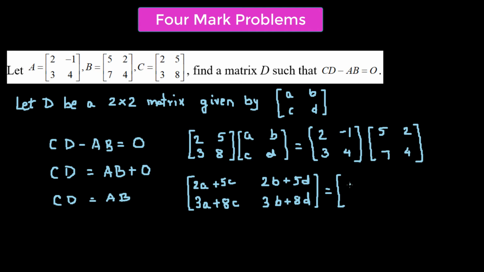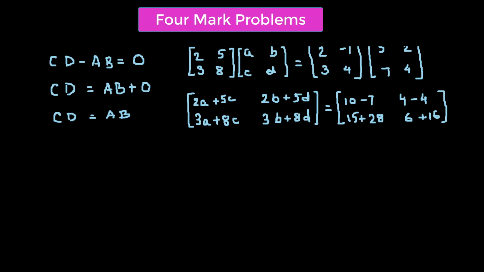So that gives us 2 times 5 is 10, minus 1 times 7 is negative 7. Then we have 2 times 2 is 4, minus negative 4. 3 times 5 is 15, plus 7 times 4 is 28. 3 times 2 is 6, plus 4 times 4 is 16. So we're going to simplify these values and then equate them.